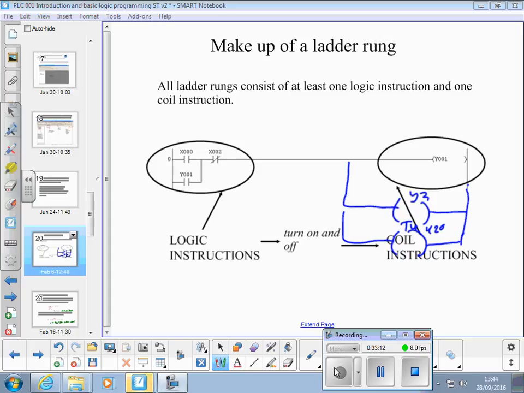Double coiling: your program may well not work properly if you do that. It's not illegal, the software won't tell you about it, because under some circumstances, if you've got subroutines, you can have the same coil in two different subroutines, so it doesn't flag it up as a definite error. It's your responsibility not to do it in the same routine.